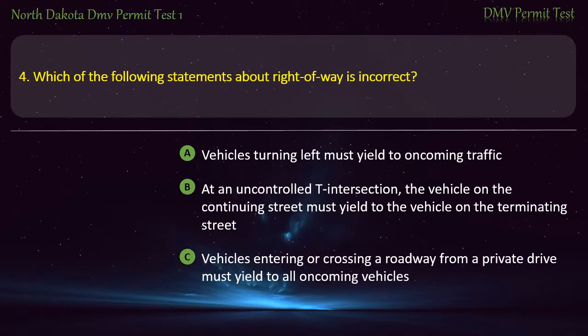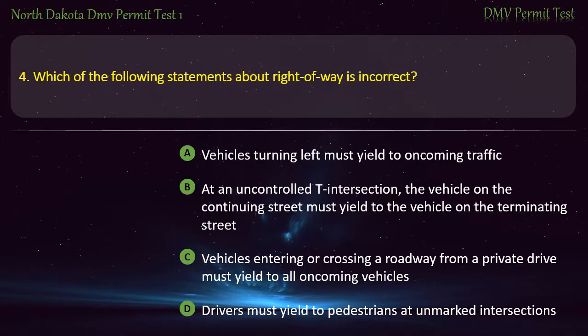Vehicles entering or crossing a roadway from a private drive must yield to all oncoming vehicles. Drivers must yield to pedestrians at unmarked intersections. Answer. At an uncontrolled T intersection, the vehicle on the continuing street must yield to the vehicle on the terminating street.